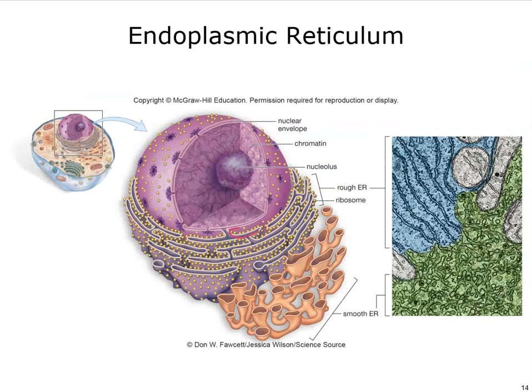It's the rough ER, and it's rough because it has ribosomes attached, and again it's the site for protein synthesis. And you have another kind of endoplasmic reticulum with no ribosomes attached. It's called smooth ER, and it's the site for lipid and phospholipid production, and for detoxification of the cell.